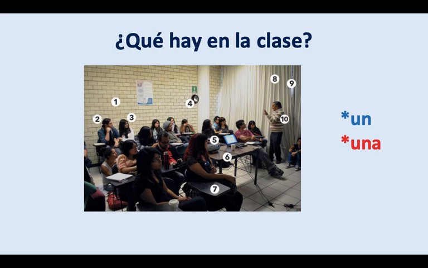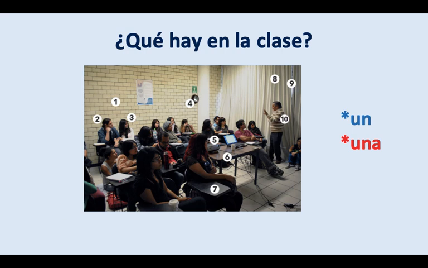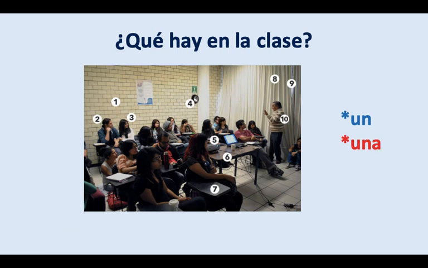¿Qué hay en la clase número 5? En la clase hay un proyector. ¿Qué hay en la clase número 6? En la clase hay una mesa. ¿Qué hay en la clase número 7?